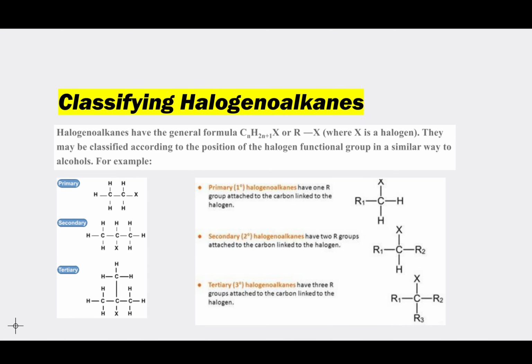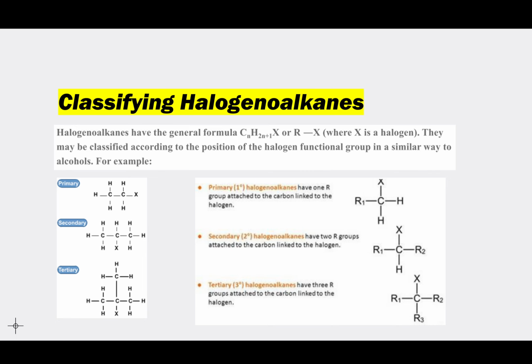So classifying halogenoalkanes now. Halogenoalkanes have the general formula CnH2n+1X, or we can write R-X, where X is a halogen. They may be classified according to the position of the halogen functional group in a similar way to alcohols. So we looked at alcohols before.